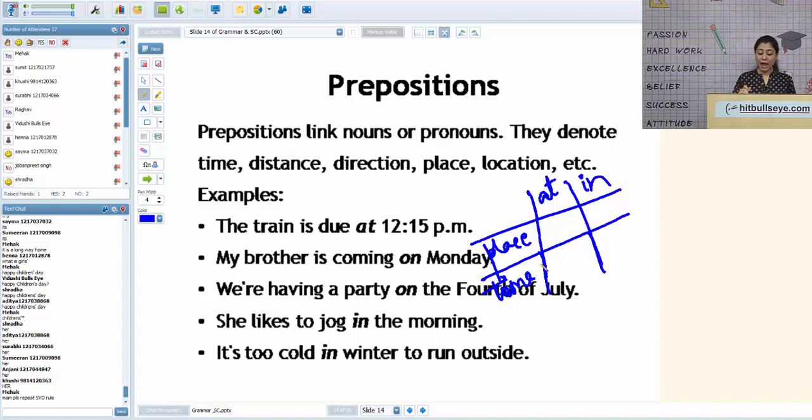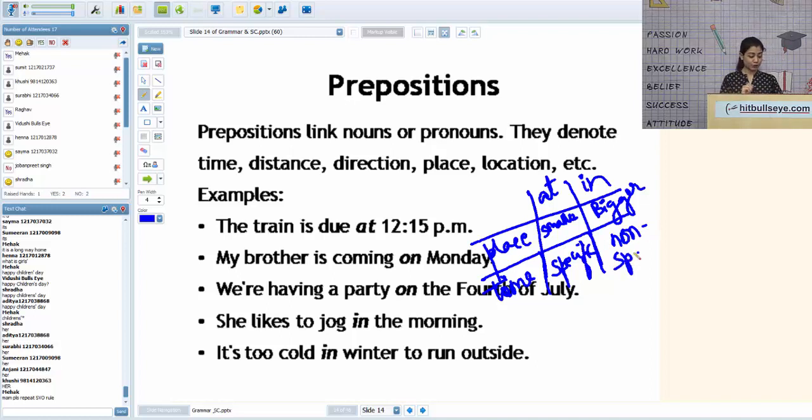So at denotes a smaller place and in denotes a bigger place. Please keep up because I'm quickly going to discuss these examples and tell you why I've made this chart. Time: at tells me a specific time, whereas in tells me a non-specific time.